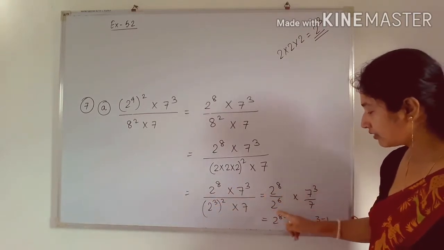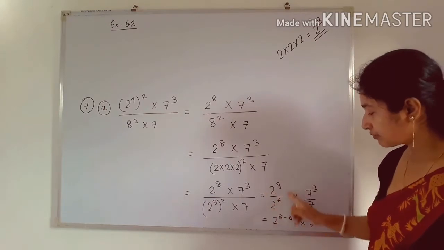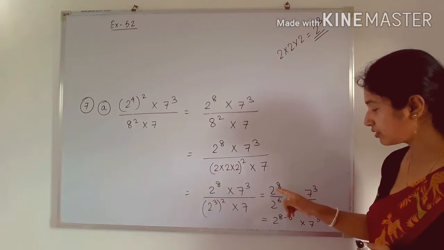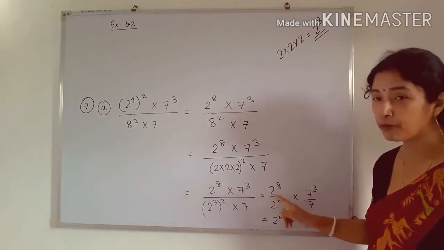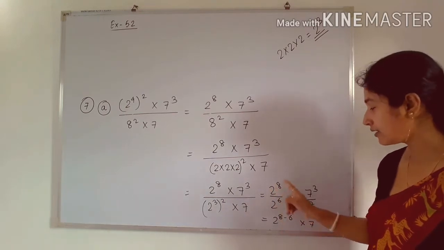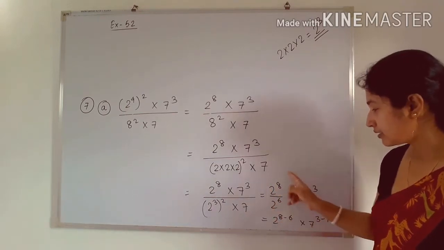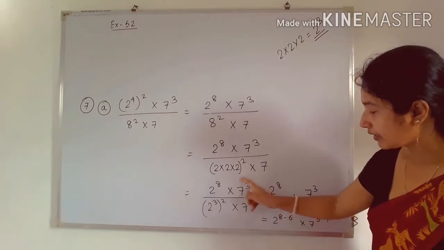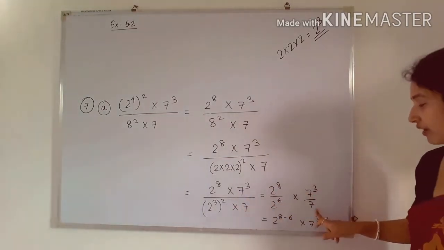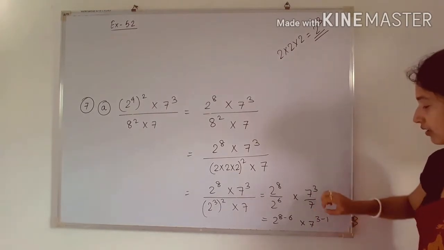I am taking both as one number in numerator and denominator, because here the base is the same, so I can apply a law here. Similarly here also I can take this one as common: 7 to the power 3 whole divided by 7. So I am taking it all together.